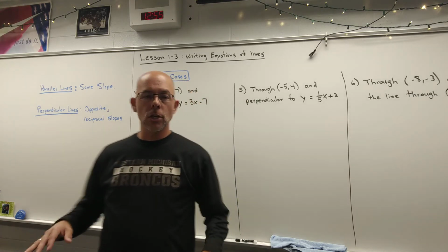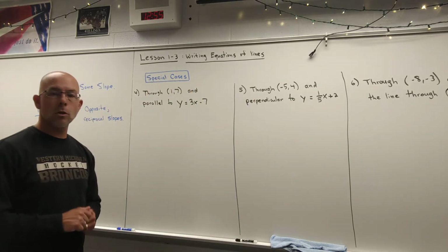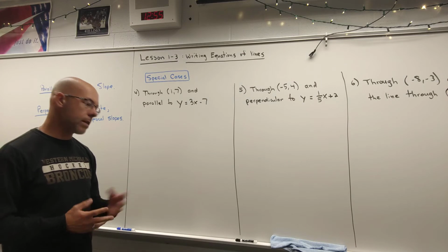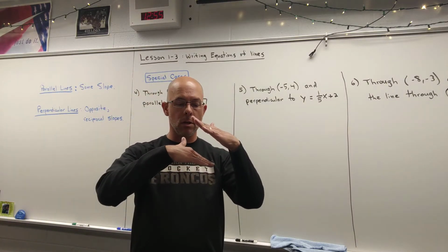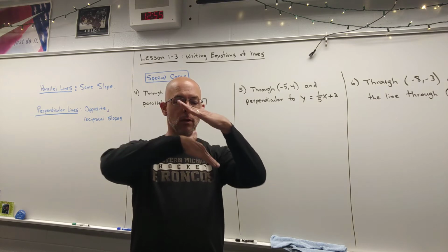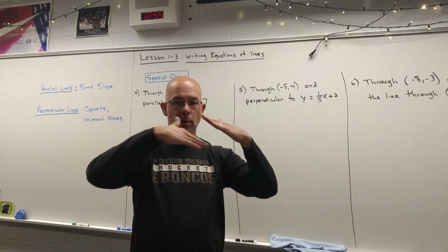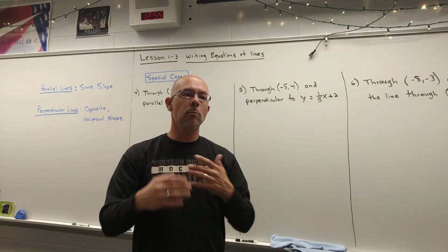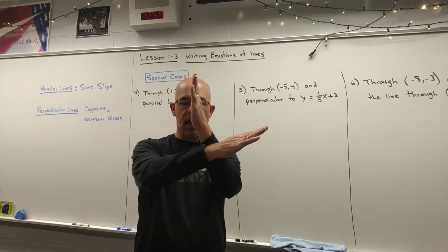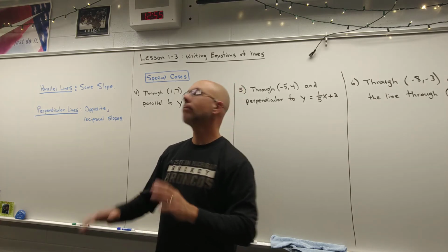You're going to hear mention in the 3 examples of parallel lines and perpendicular lines. By definition, parallel lines are 2 lines that never cross each other. They go in the exact same direction and never intersect. Perpendicular lines, in fact, intersect, and more specifically, they intersect at exactly a 90-degree angle.